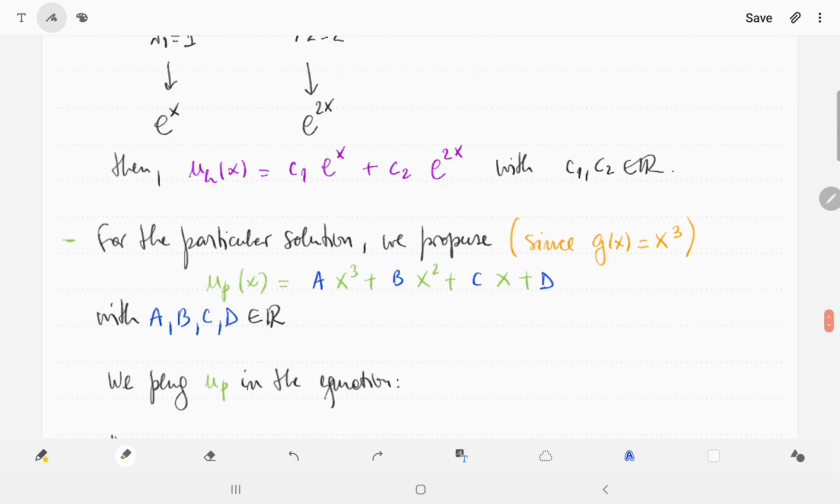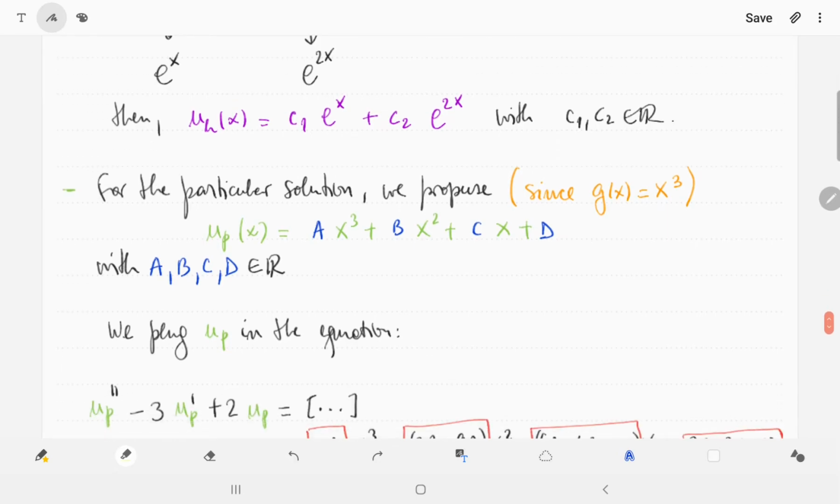For the particular solution, we can use the method of undetermined coefficients. How do we do that? We look at g, and we need to propose something similar to g. g is a polynomial of order 3.